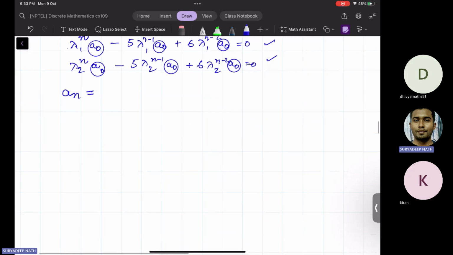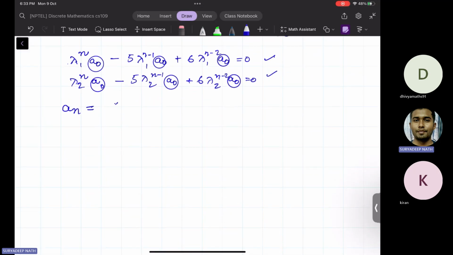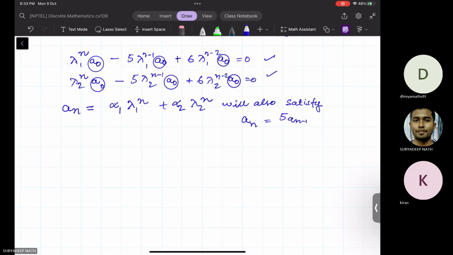What would happen is this solution, alpha 1 lambda 1 to the power n plus alpha 2 lambda 2 to the power n, will also satisfy a_n equals 5 a_{n-1} minus 6 a_{n-2}.